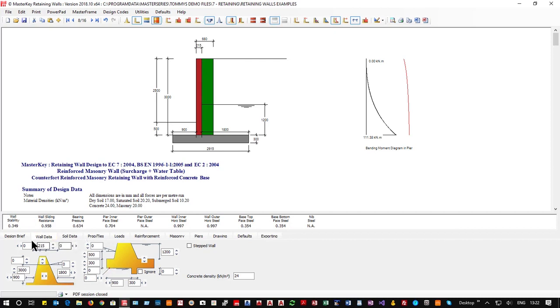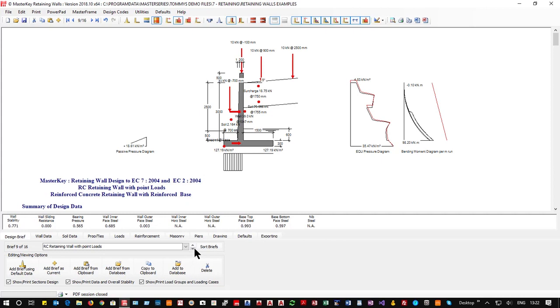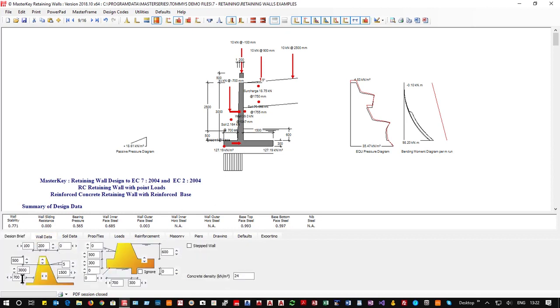I move along to the next one, and it is now introducing point loads. So we're making things complicated. The wall data is pretty straightforward. What we do have is the additional soil.